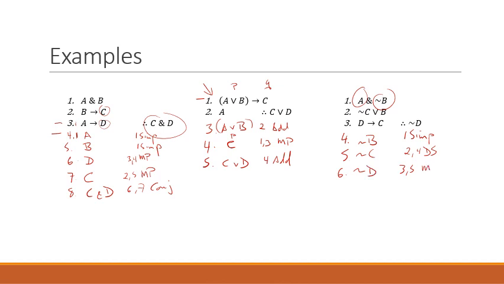And in this case, that's not D, right? The negation of D is not D. And so, once again, we have derived our conclusion using our rules. And this argument is valid.